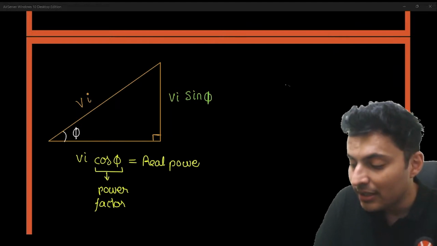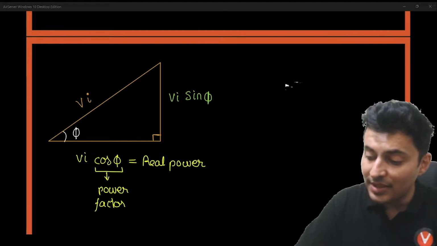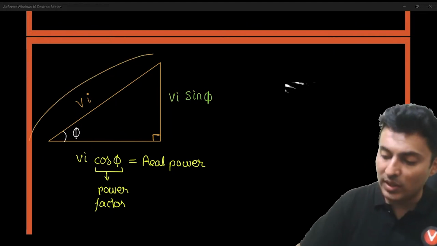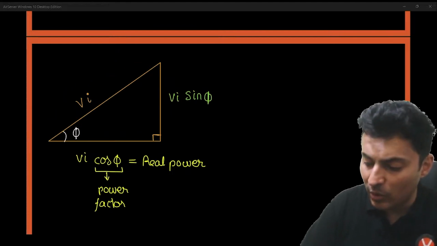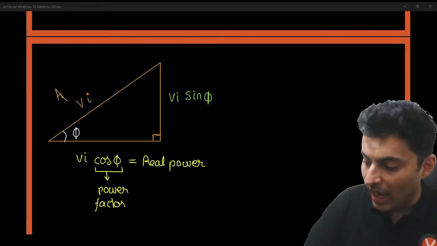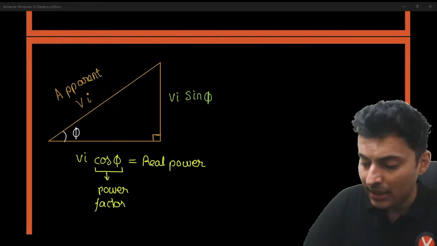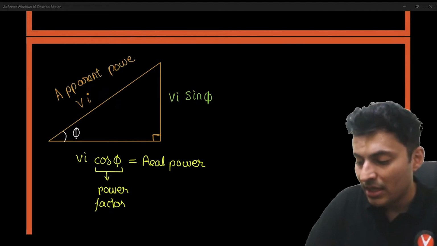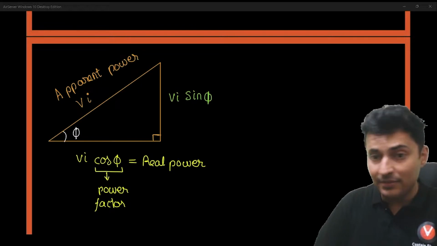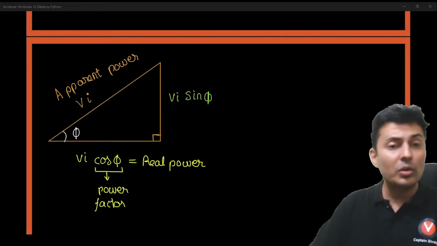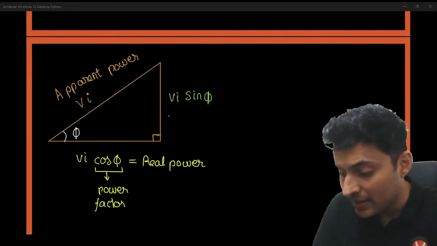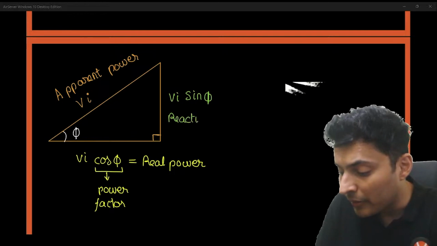The hypotenuse, without cos phi, is called apparent power. And this VI sin phi, which is neither real nor apparent, is called reactive power.